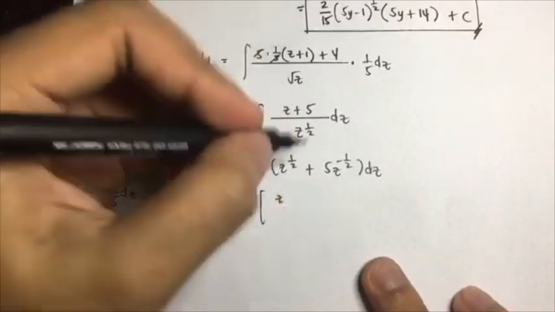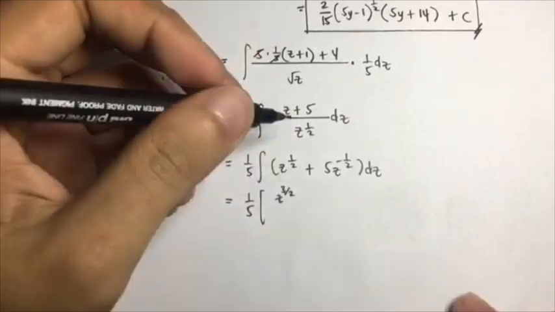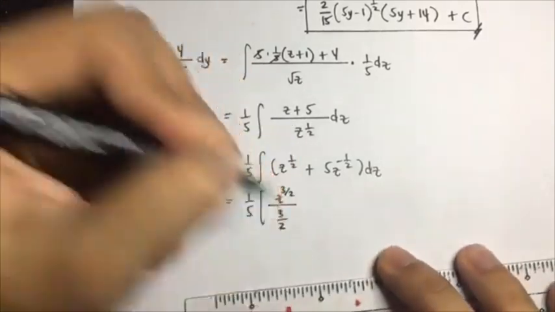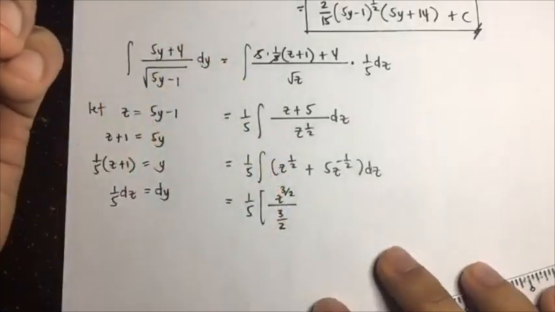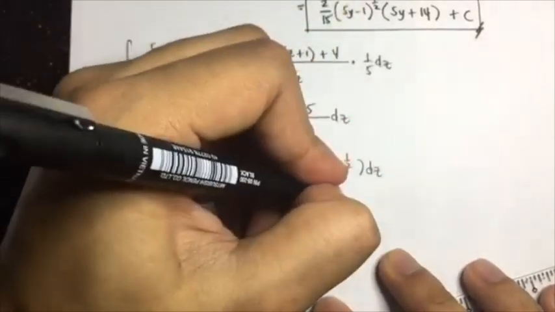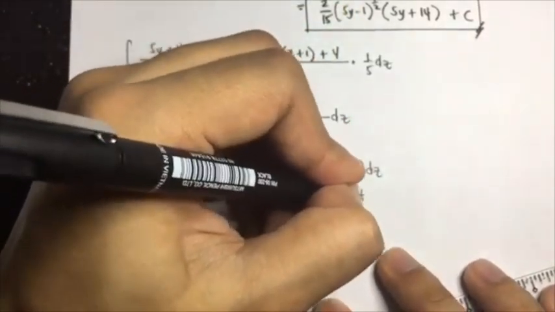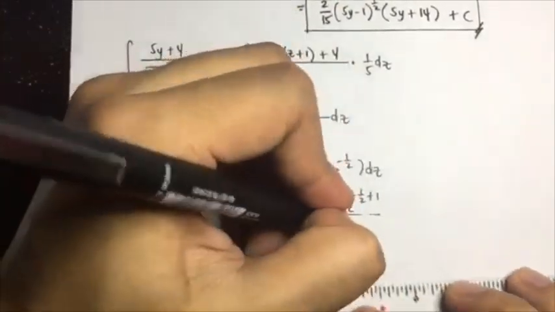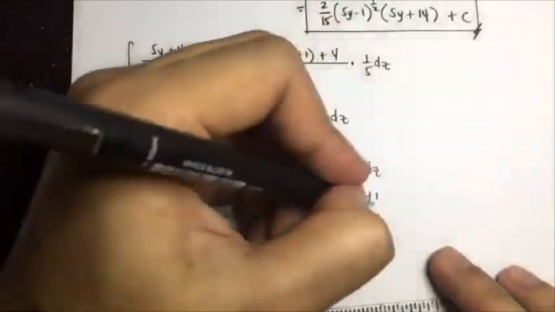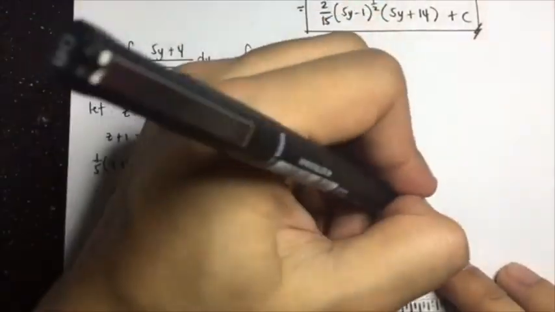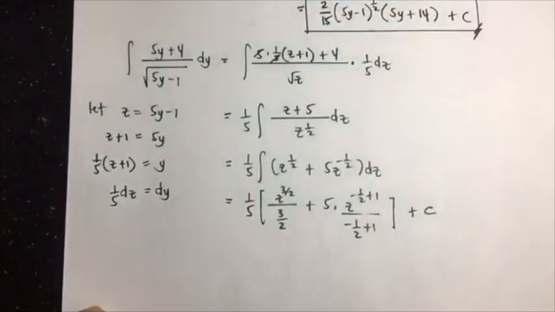Then we can proceed to integration, so this will become 1/5 times z raised to 3/2 over 3/2, plus 5 times z raised to negative 1/2 plus 1 over negative 1/2 plus 1, plus c.